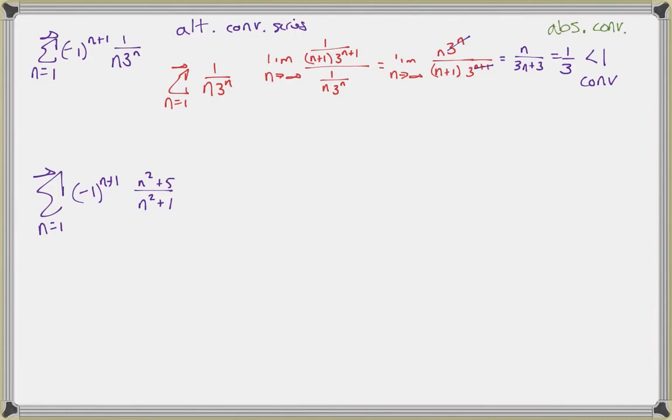And the last thing is that as n goes to infinity, would we get a value of 0? So as n goes to infinity, we would actually get a value of 1 here for the terms themselves. So this then we cannot apply that alternating test to.